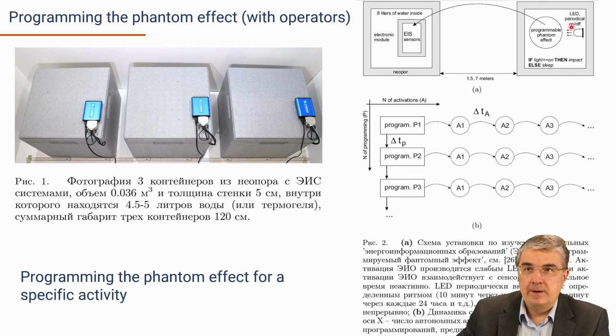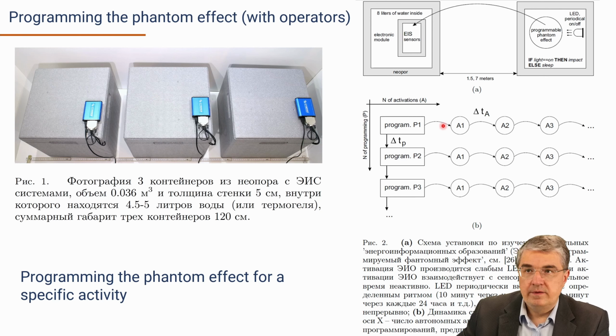Here we had this programmable phantom object in one of these thermo-insulating boxes with an LED. And sensors are placed here and here. So if the object was not programmed and the LED was lighting, there was no influence on the sensor because of the insulation and space.